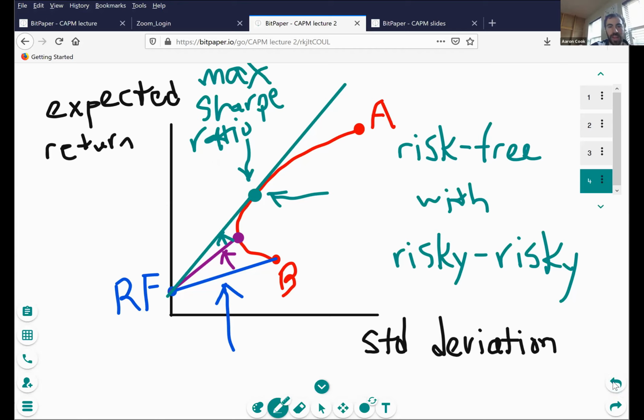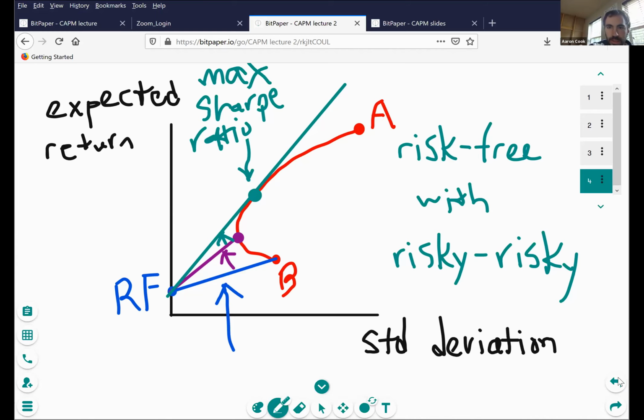So any point along that line becomes feasible for us as well. All right, so that's the idea of maximizing the Sharpe ratio. We had left off with that idea last class.